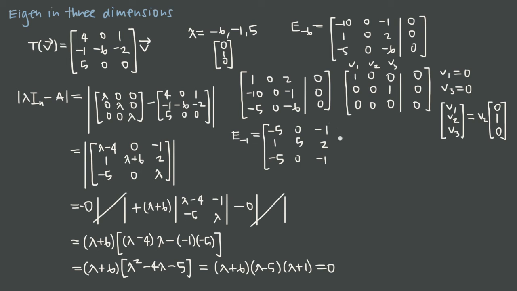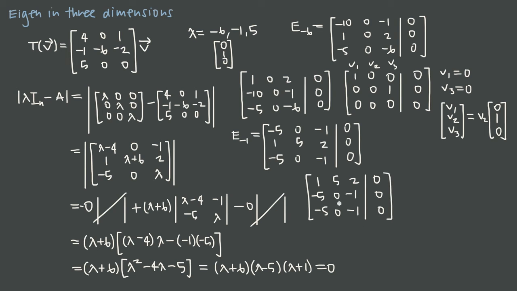And we want to augment that with the 0 vector. Now to put this into reduced row echelon form, let's flip the first and second rows. So we'll get 1, 5, 2, and then 0. And then here we'll have -5, 0, -1, 0, and -5, 0, -1, 0.